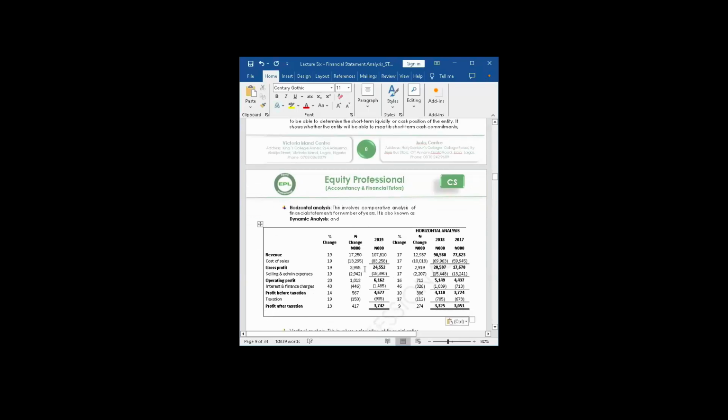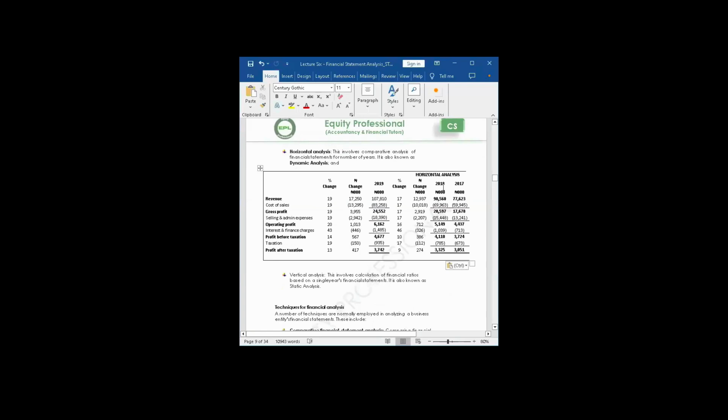For horizontal analysis, a very good example is trend analysis. You can see this is an example of horizontal analysis, whereby we look at the performance of the business over three years: 2017, 2018, and 2019.